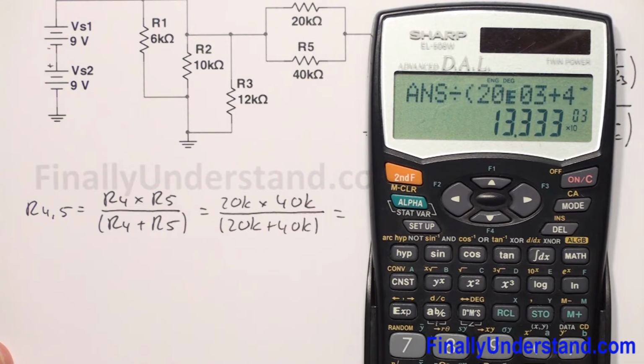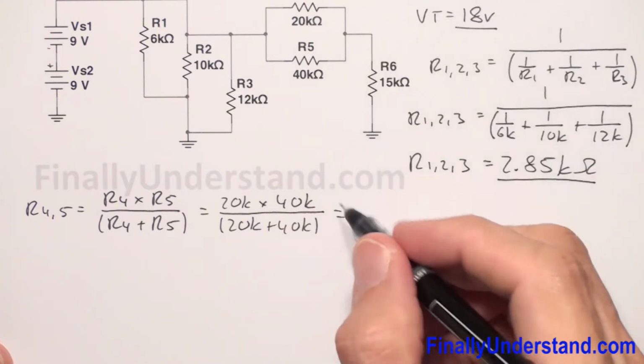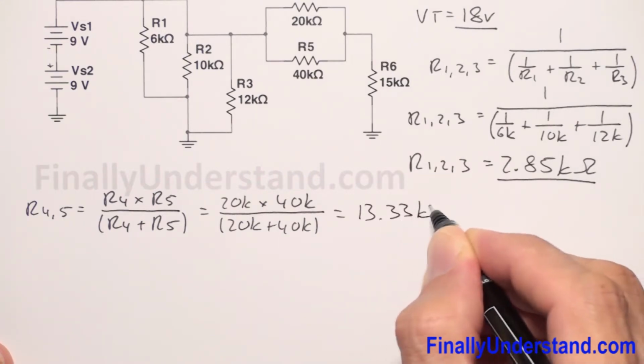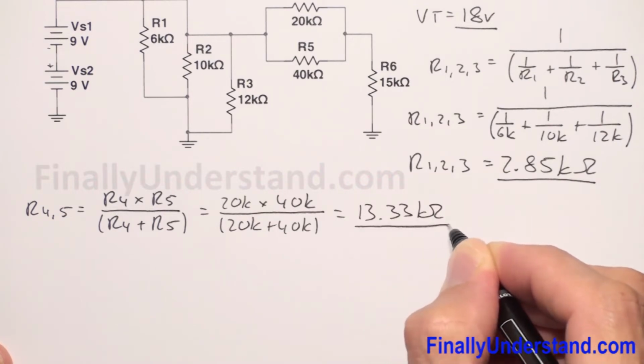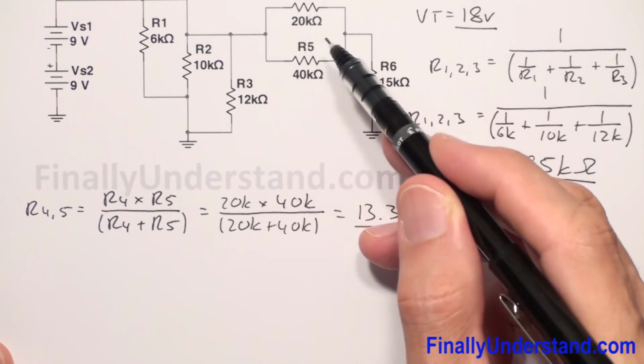This is equal to 13.33 kilo ohms. Okay, so this is the equivalent resistance for these two resistors.